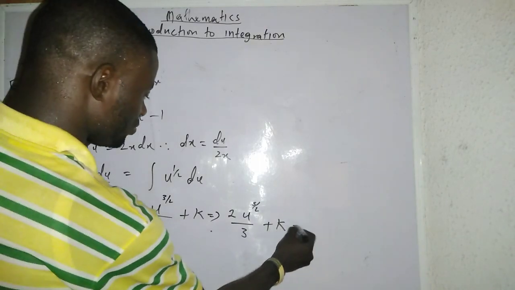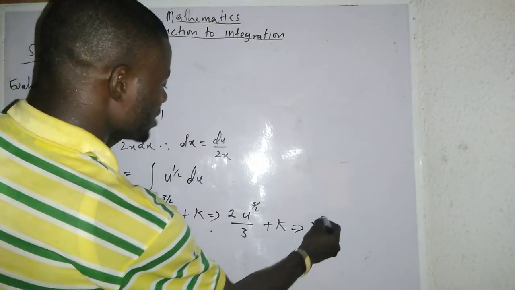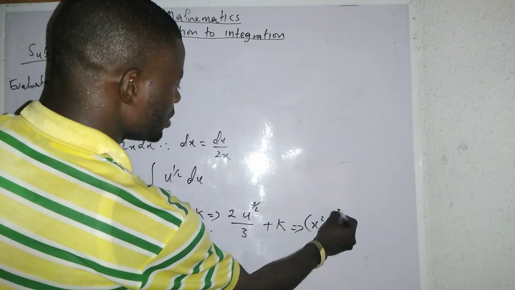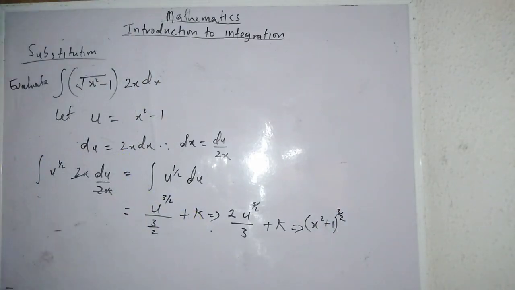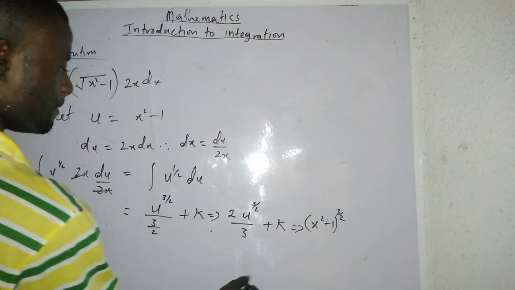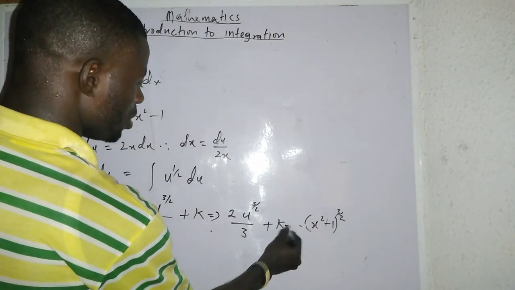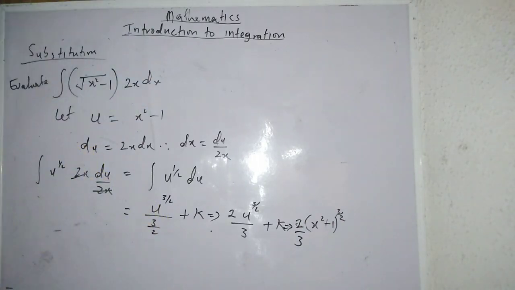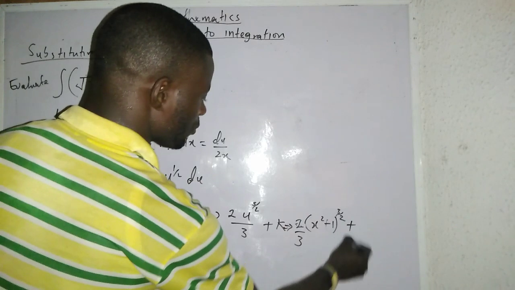This is my u: x squared minus 1, bracket to the power 3 over 2. I have 2 over 3 here, plus k.